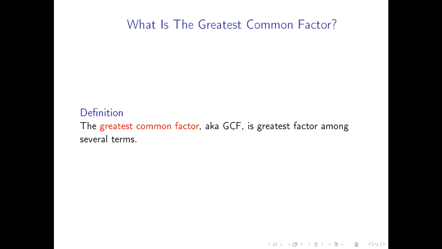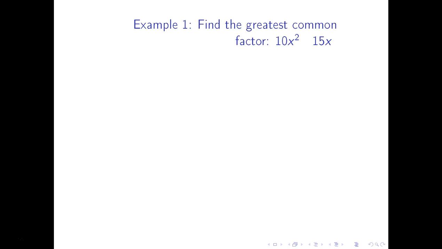So just to understand this, let's look at some examples. Here are two terms, 10x squared and 15x. What is the greatest common factor? I'm looking for the greatest thing they have in common. Let's start with just the numbers, 10 and 15. What do the numbers 10 and 15 have in common?